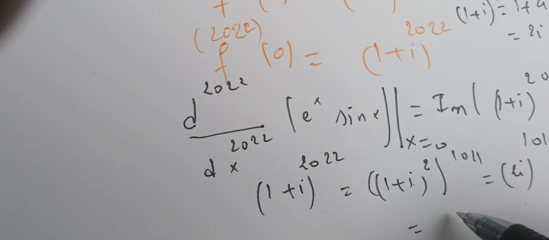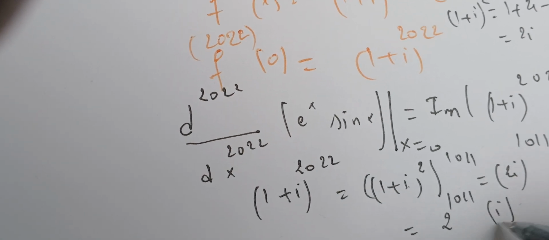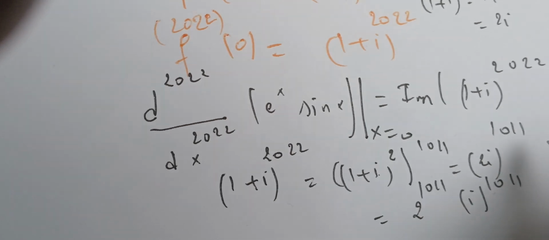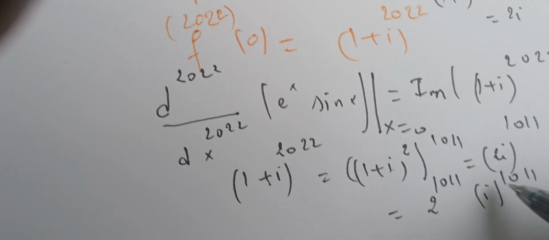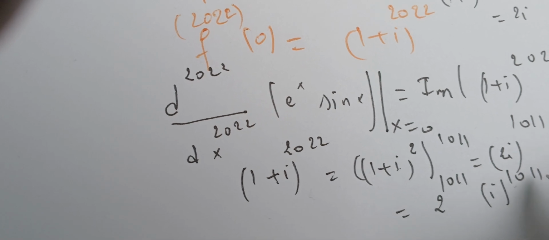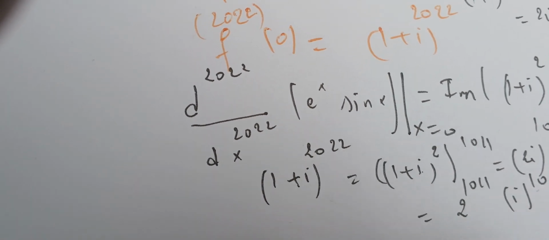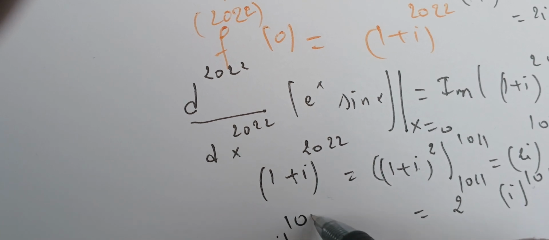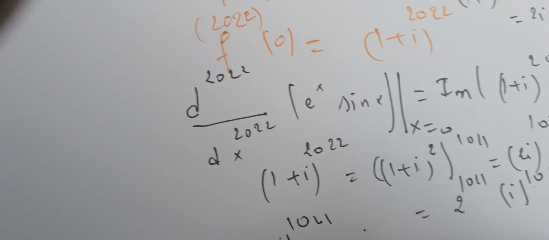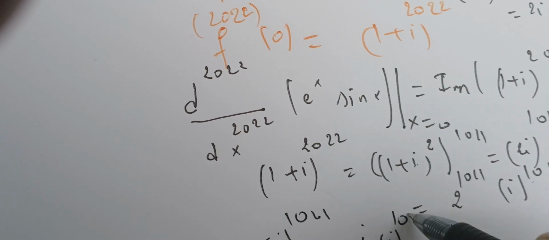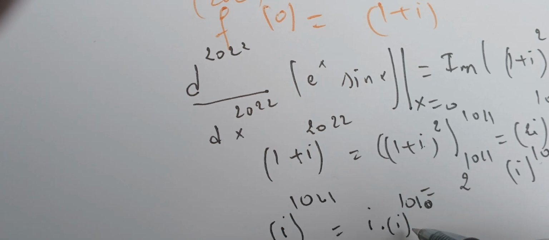We can take the 2 outside. We're going to have 2 to the 1011 and i to the 1011. We can simplify i to the 1011 as i to the power 1 times i to the power 1010.